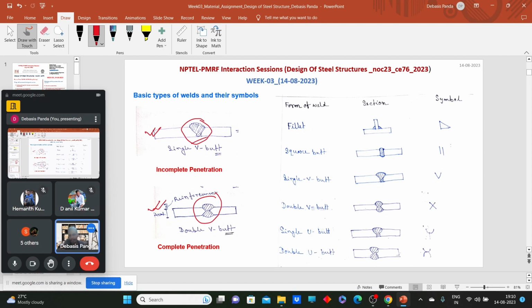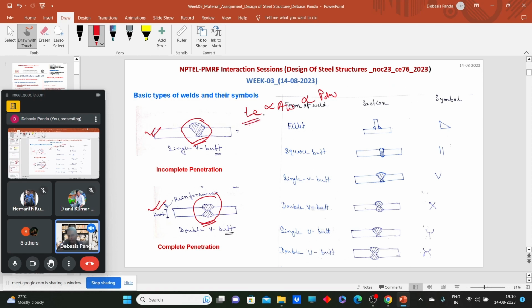For incomplete penetration, we will provide a different throat thickness than for complete penetrated butt weld. Now tell me, if the throat thickness TE or TT changes, what will change? The TT is directly proportional to the area of the weld, right? And this area of the weld is directly proportional to the strength or load carrying capacity of the weld, right? Say PDW or FDW.